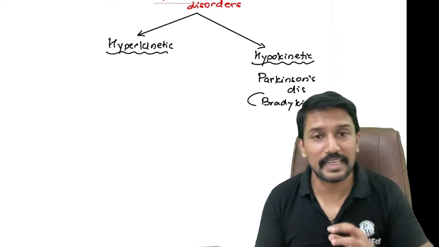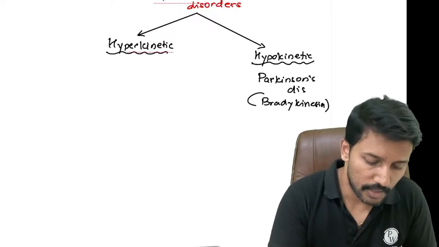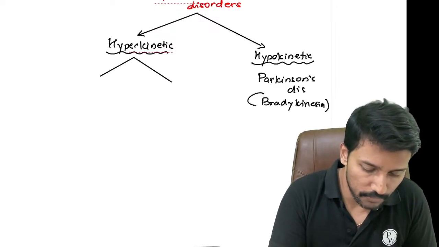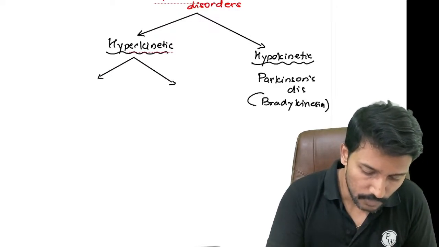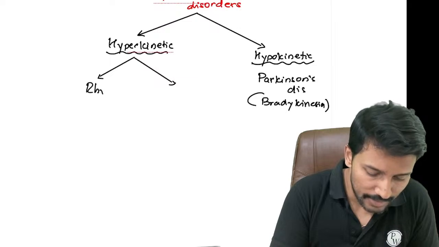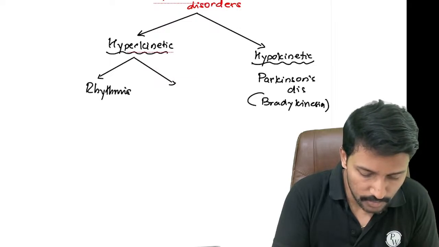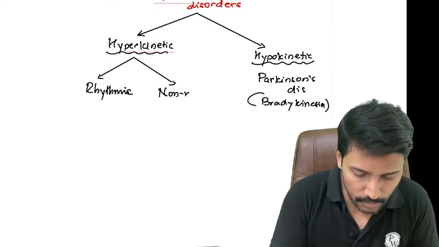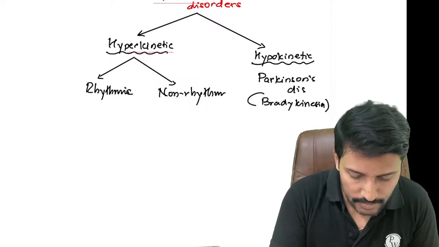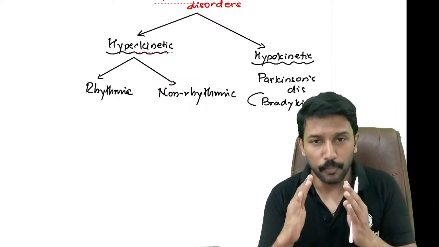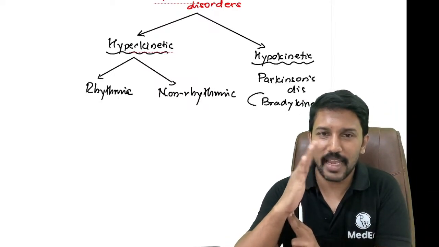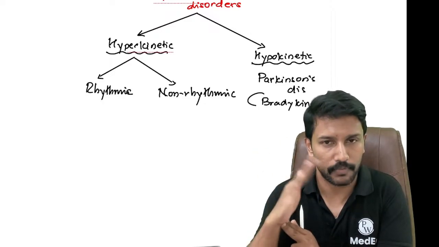Hyperkinetic means there are increased movements. These hyperkinetic movement disorders are further divided into rhythmic movement disorders and non-rhythmic movement disorders. I'll tell you what that means. When I say rhythmic, it means a movement is repeating in the same amplitude and same frequency.